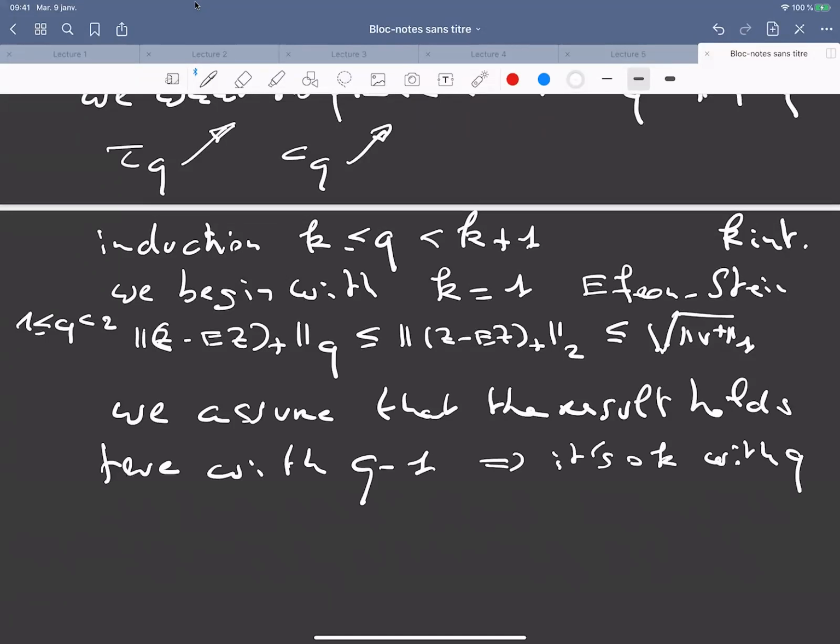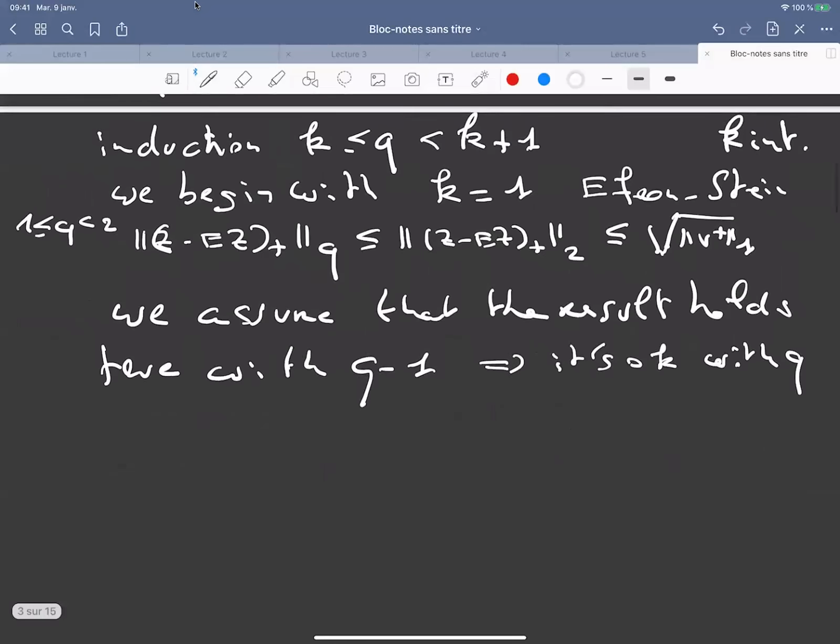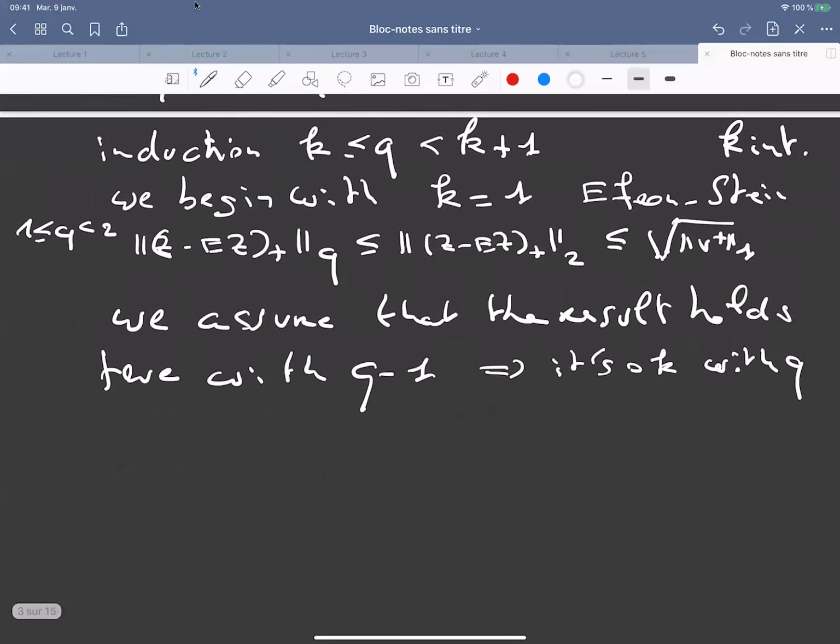Okay, so now I would like to renormalize the NQ by the CQs in order to get an easier result to prove. So this is the last notation that I shall introduce. I introduce XQ, which is NQ to the power Q over CQ to the power Q over 2 multiplied by Q to the power Q over 2.